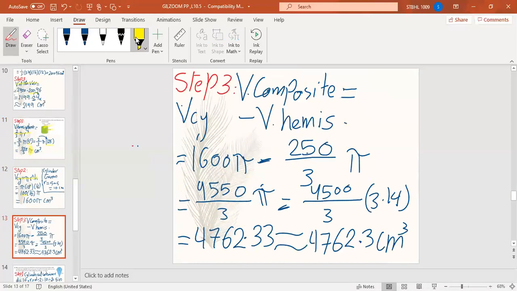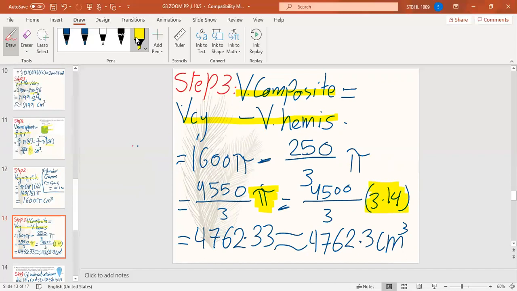Volume of the composite solid equals volume of cylinder minus volume of hemisphere. 1,600 pi minus 250 over 3 pi. It will be 4,550 over 3 pi. And in this step, teacher, I'll substitute pi equal 3.14.